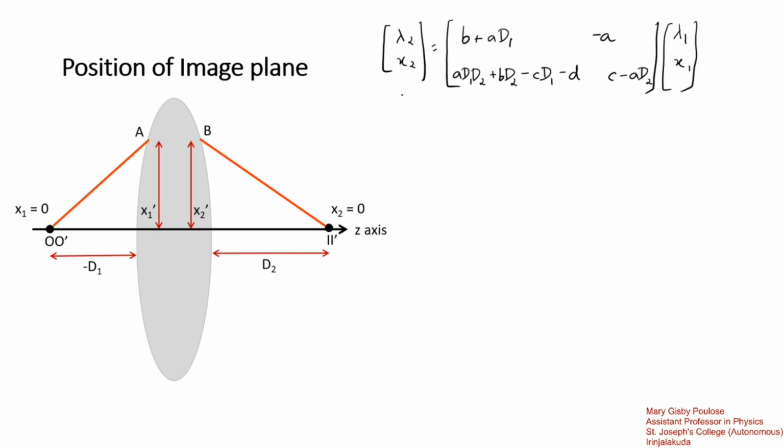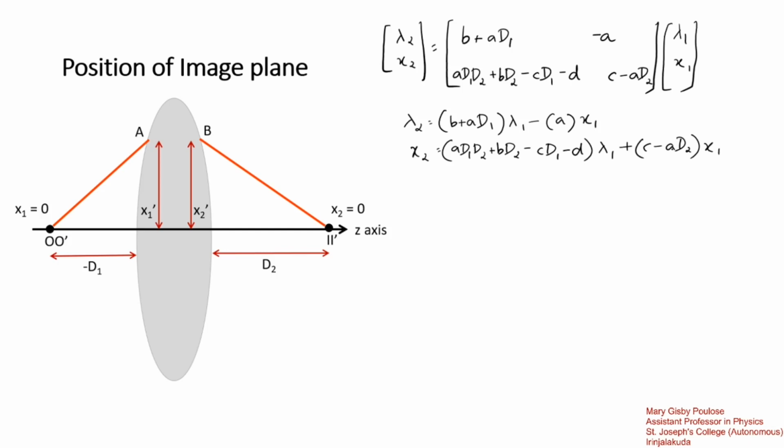Now from the matrix equation, I can write two equations. Lambda 2 is equal to b plus a d1 lambda 1 minus a into x1, and x2 is equal to, this is a longer term, a d1 d2 plus b d2 minus c d1 minus d into lambda 1 plus c minus a d2 x1, right?